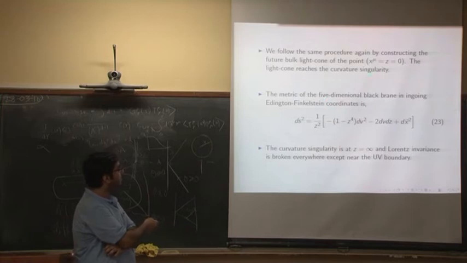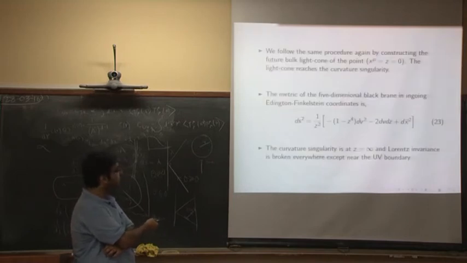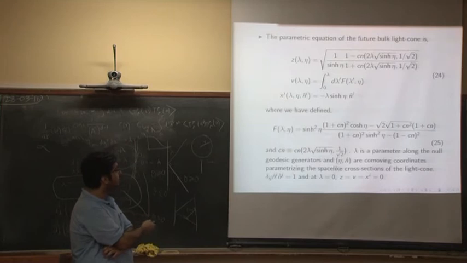We do the same thing. We take a boundary point located at x mu equal to z equal to 0, and then we draw the future light cone from that point. So this is the geometry, and everything can be explicitly checked.